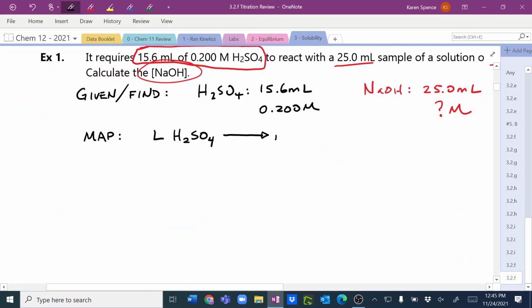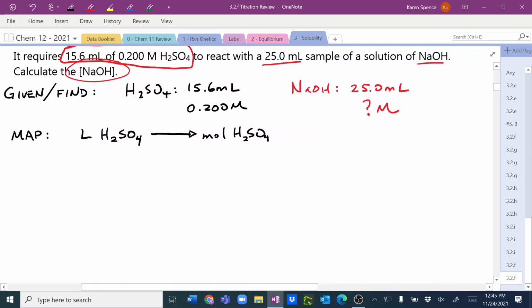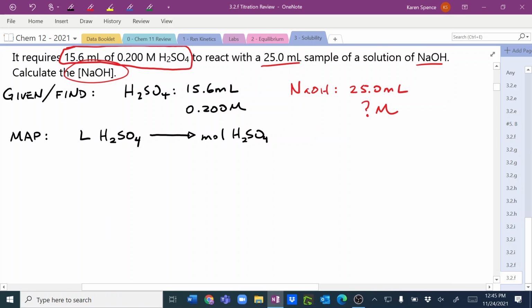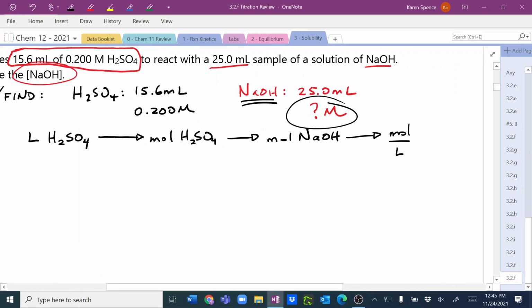Liters into moles. So we're going to find our moles of H2SO4. Once we know the moles of H2SO4, what are we going to convert that into? Moles of NaOH. And from there, we then at the very end need to find the moles per liter of NaOH, because that is what is being asked for.